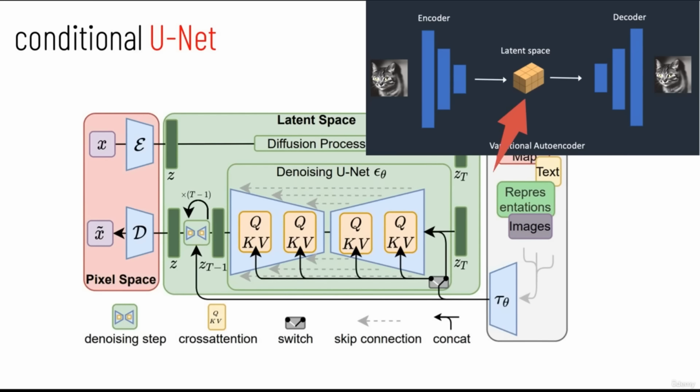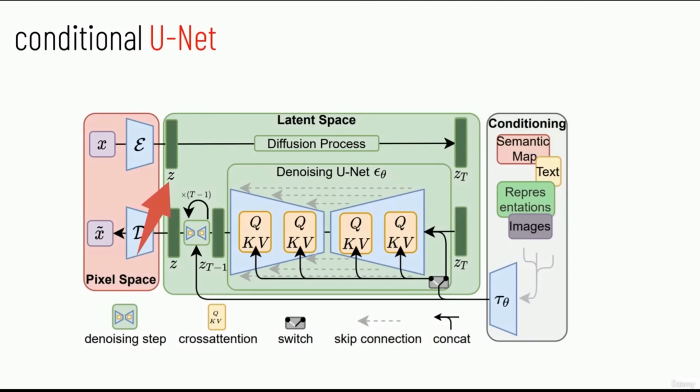So when we pass this new representation through the decoder of the variational autoencoder, this decoder will be able to reconstruct our original image from this new representation. So now we reduced the size of our input image using this encoder.